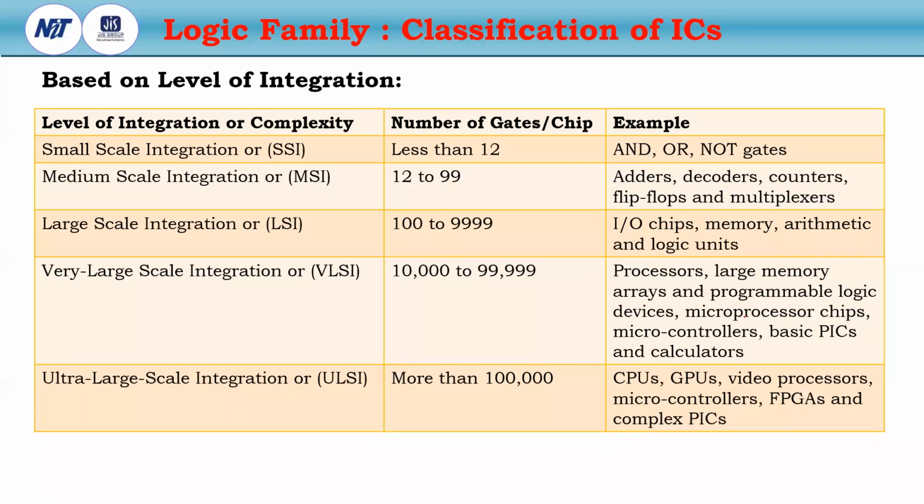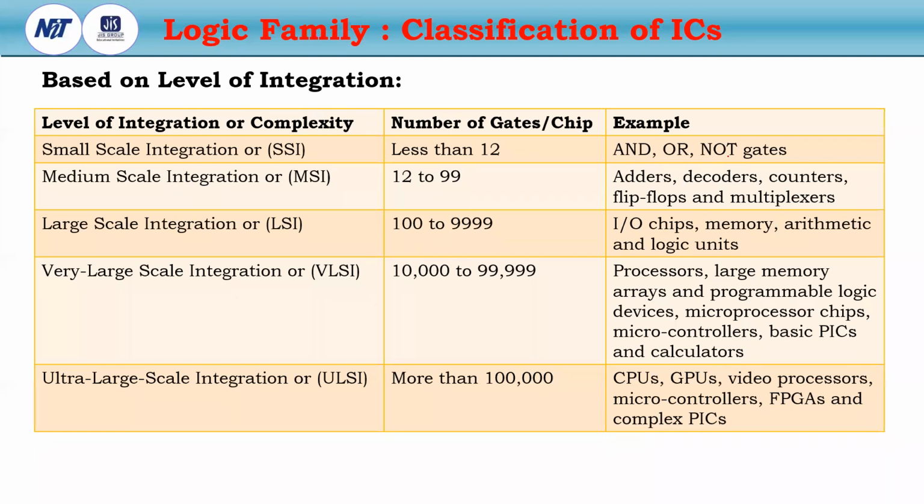Based on the level of integration, the ICs are classified. Integration means the number of gates per chip. How many gates are integrated in a single chip? That is the parameter on which the ICs are classified. Small scale integration, or SSI, has fewer than 12 gates in a single chip.